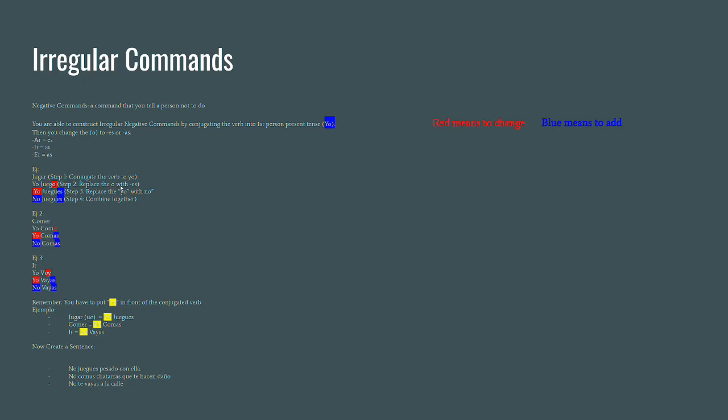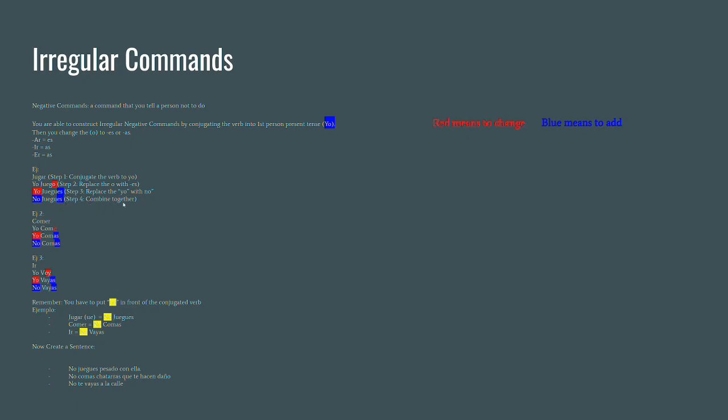So like you see in step three, it would say yo juegues. I know it doesn't make sense, but it's not over yet. We have more steps to go through. What you have to do now is replace the yo with no. And there you have it. No juegues. Now you just combine it with the sentence.